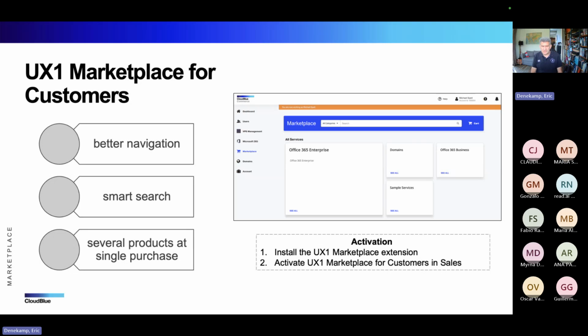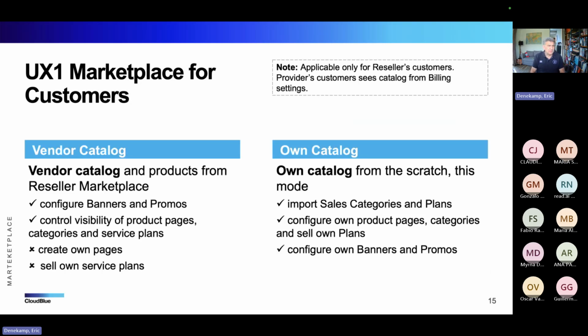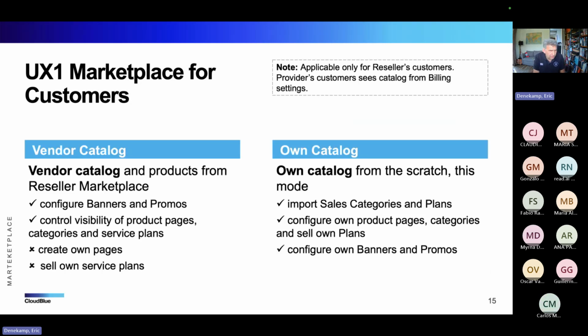A couple of settings that we have there: we can set the vendor catalog, meaning that I, as a provider, have my own catalog and I hand this over to my reseller, and the reseller will only be able to sell the products as I will sell them to my customers as well.